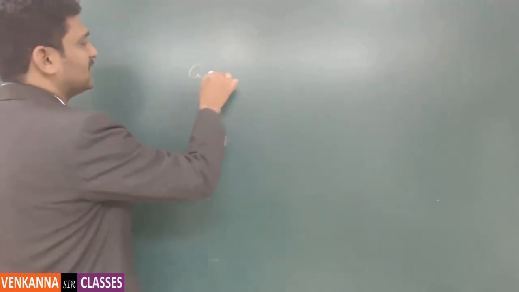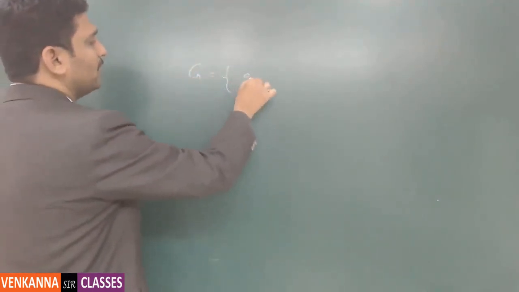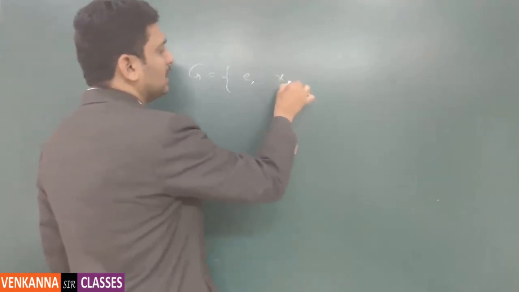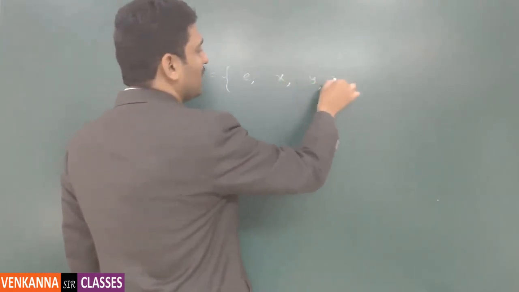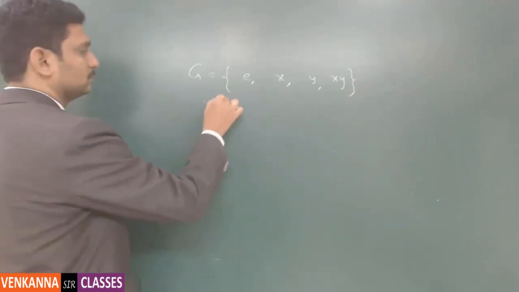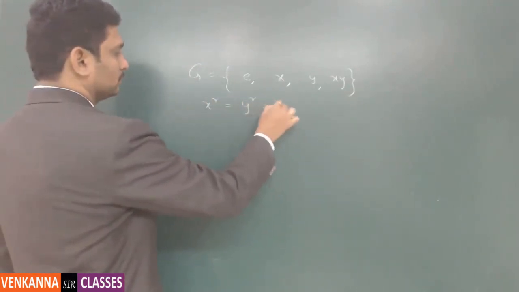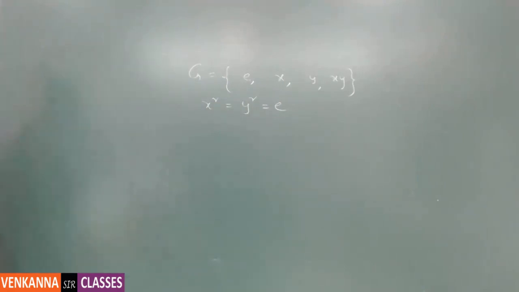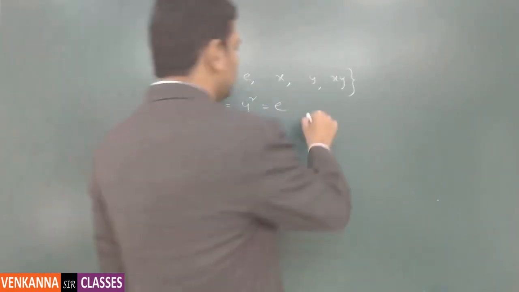So let me say G is the set consisting of identity e, x, y, and xy. And further, it is given that x square equals y square equals identity.